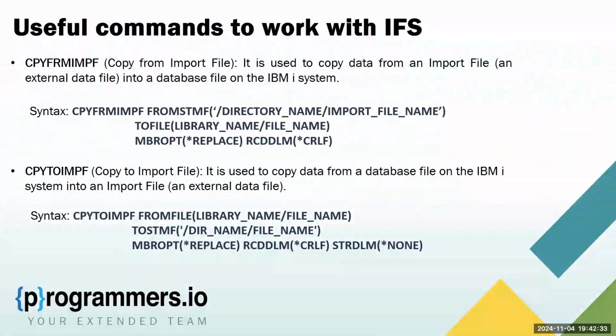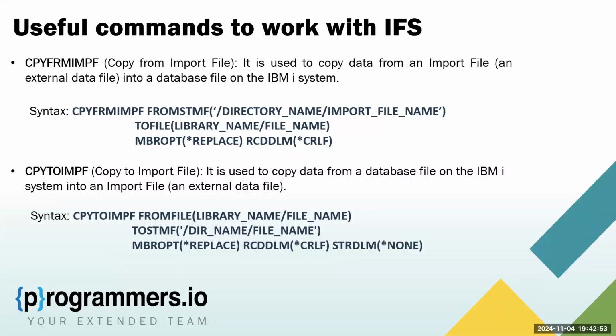Moving ahead, there are more commonly used commands. First is copy from IMPF and second is copy to IMPF. Both these commands do opposite jobs. The copy from IMPF command is used to copy the data from an import file.